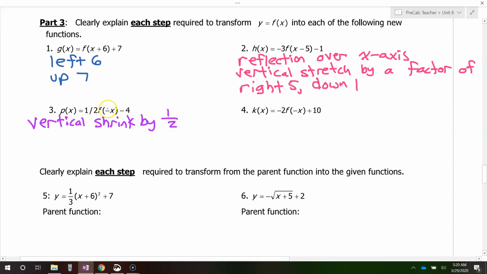A negative sign inside the function is a reflection over the y-axis. So this is going to have a reflection over the y-axis. And the minus 4 on the end will take us down 4.